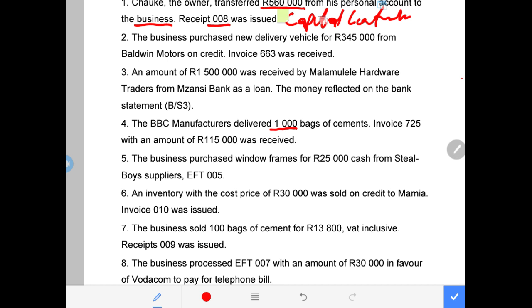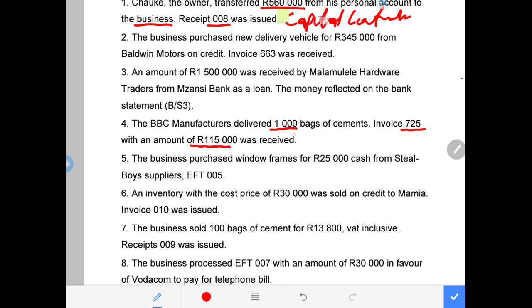Remember the fact that it says with an amount of 115,000 was received. It does not mean we received 115,000. I want to be clear on that. Invoice 725 with an amount, meaning on the invoice it was written that we are owing BPC Manufacturers 115,000. So we received an invoice that says we are owing this company 115,000 rands, not to say we have received money.